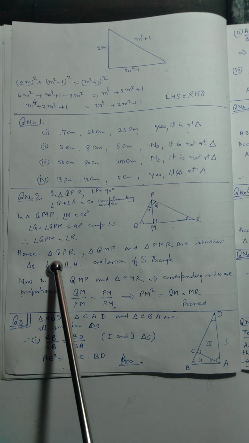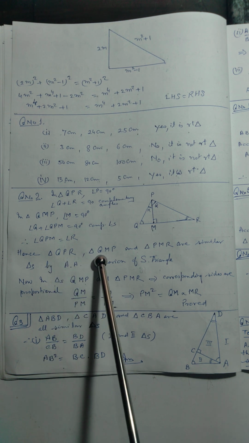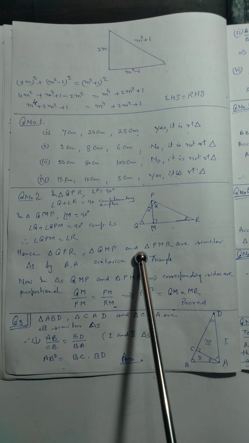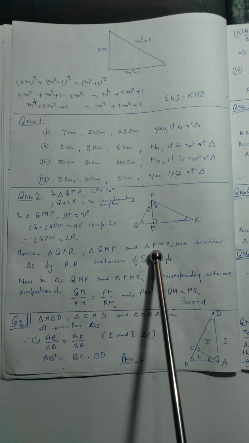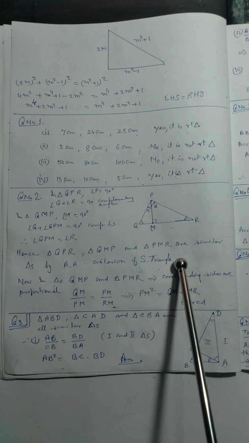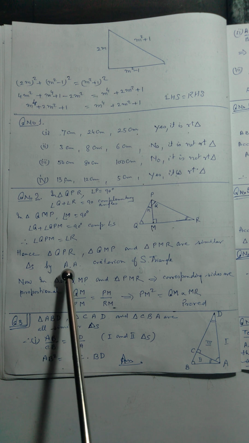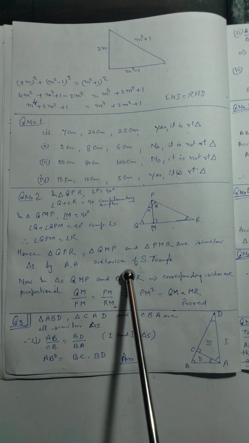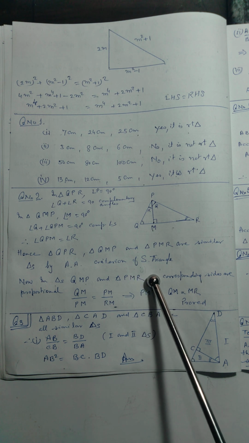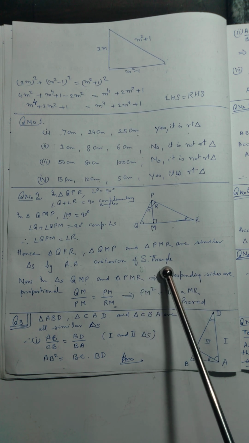Hence, the triangle QMP and triangle PMR are similar triangles by angle criteria, or you can say triple angle criteria of similar triangles.